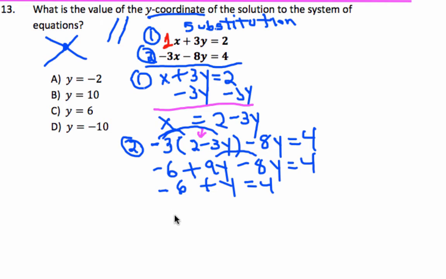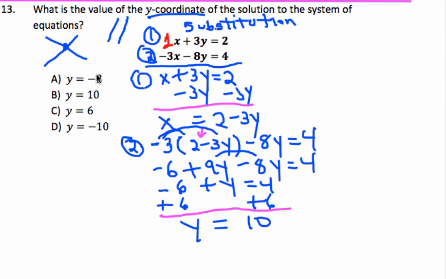And if we add 6 to both sides, we're going to get the final answer. y equals 10, which is choice B.